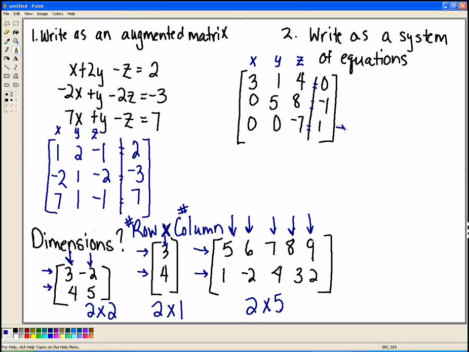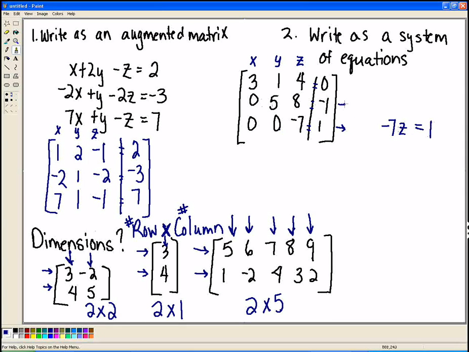I can start down here. I've got 0x plus 0y, so I'm not going to really write those, minus 7z, so I'd have minus 7z. Then when I see the augmented part, I think equals, and then I write the right-hand side, 1.